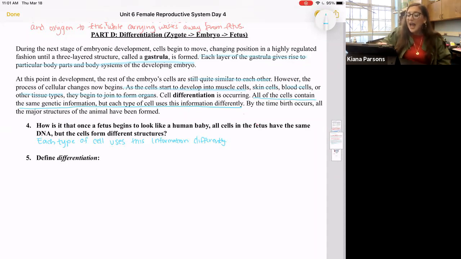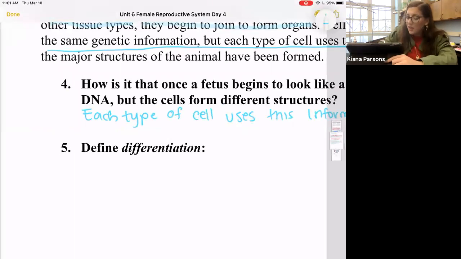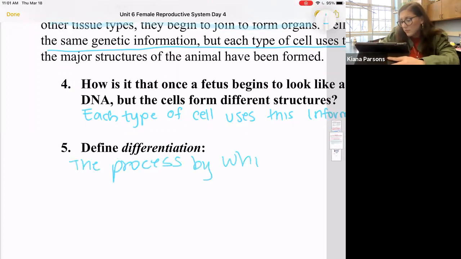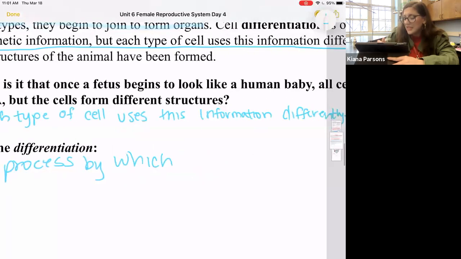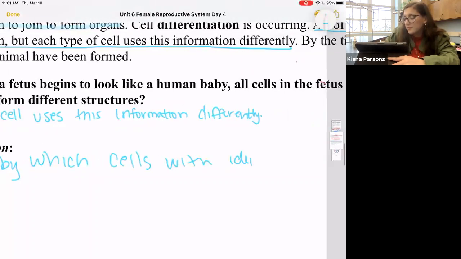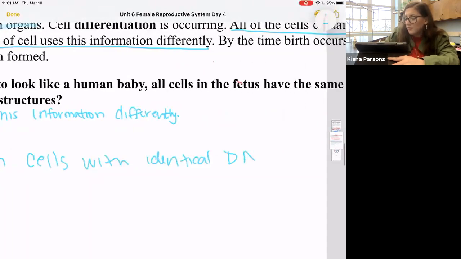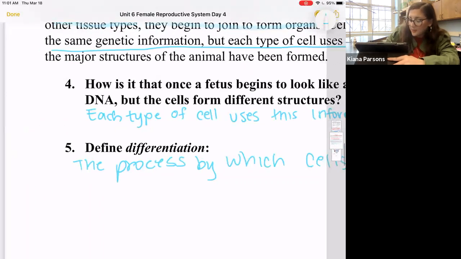Differentiation is how cellular changes occur. The process by which cells with identical DNA form into different tissue types.